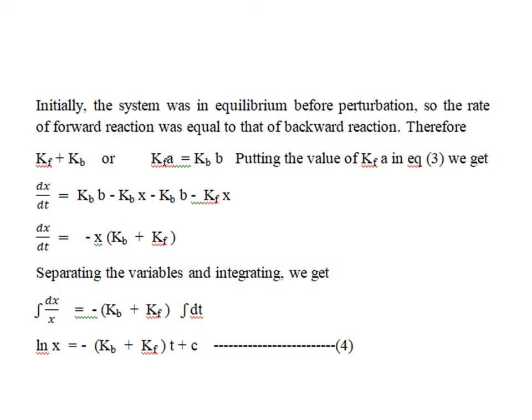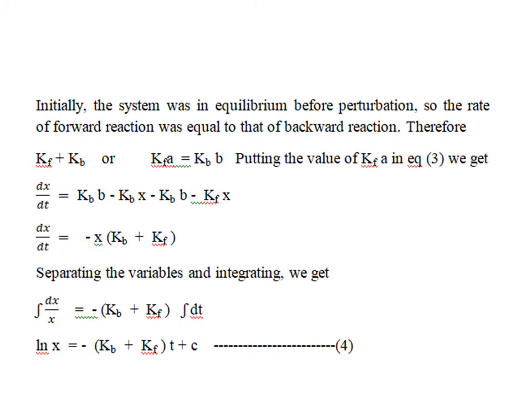Now putting the value of Kf a in equation 3, we get dx/dt equal to kb into b minus kb x minus kb b minus kf into x. Kb b and minus kb b cancel out, and the equation becomes dx/dt equal to minus kb x minus kf x. Now we take the common minus x out, then dx/dt is equal to minus x into (kb plus kf).